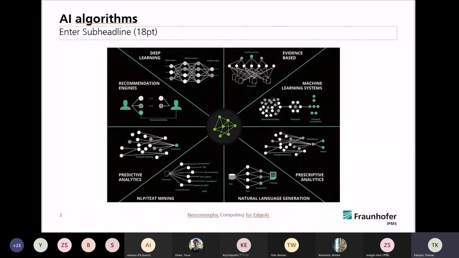Textbooks would say it's defined as the field of study of intelligent agents: any system that perceives its environment and takes actions that maximize its chance of achieving its goals. That could be a very specific goal. Even just taking input data from an environment and creating some specific output is already AI.